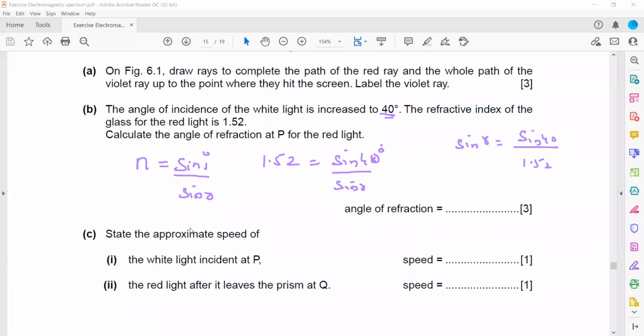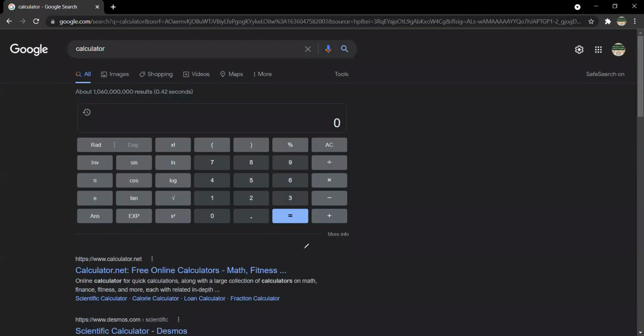So we have to find the value for sin 40. As a formula for refractive index, when it is moving from air to glass, it is sin angle i over sin angle r. So refractive index is 1.52 and it is sin 40 divided by sin r.